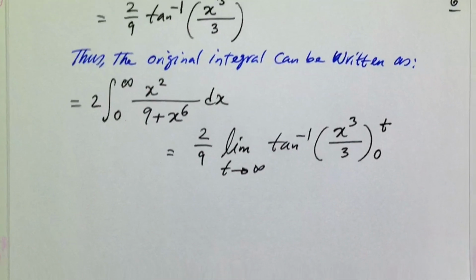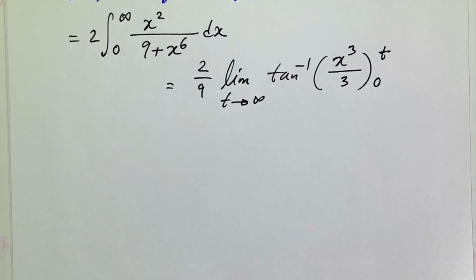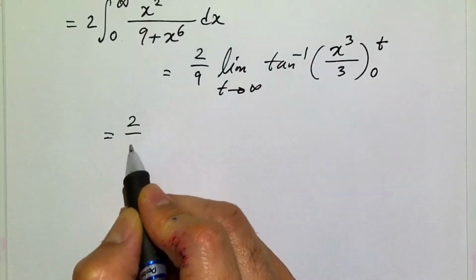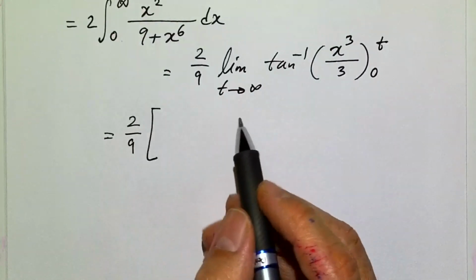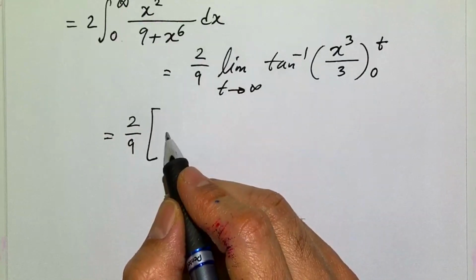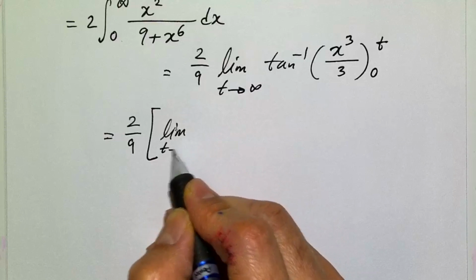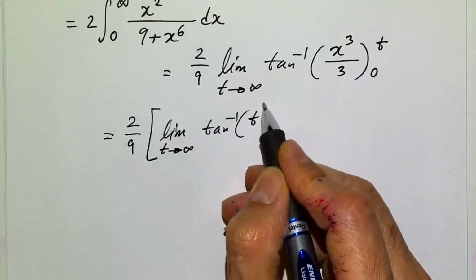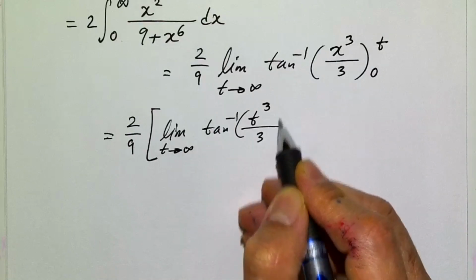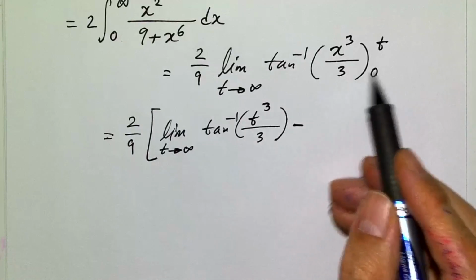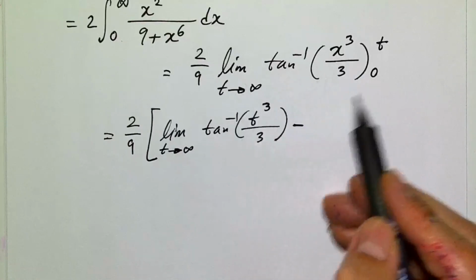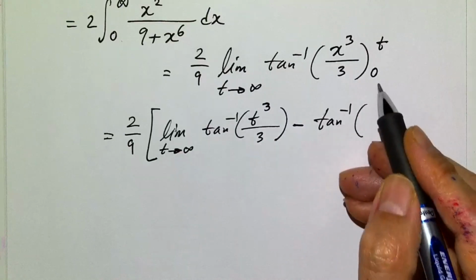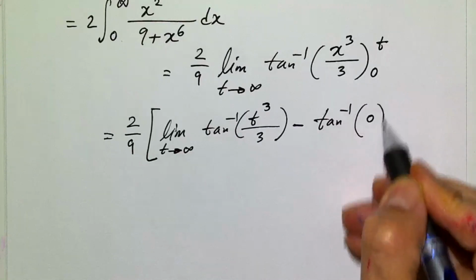Okay, so now let's evaluate this quantity. We have 2 over 9, and then the limit as t goes to infinity of inverse tangent of t cubed over 3 minus inverse tangent of 0 cubed over 3, which is just 0, right?